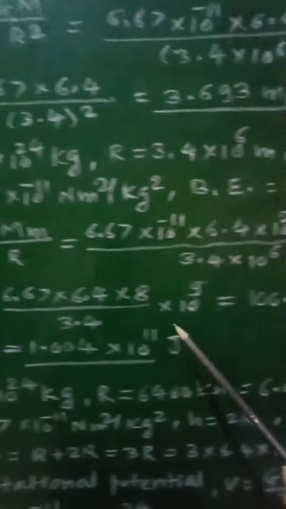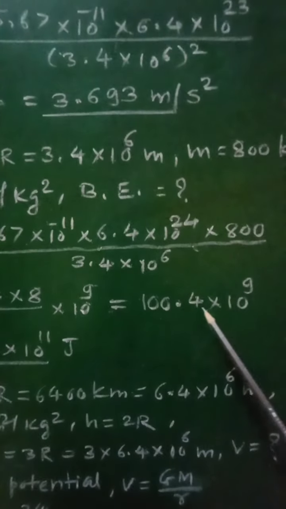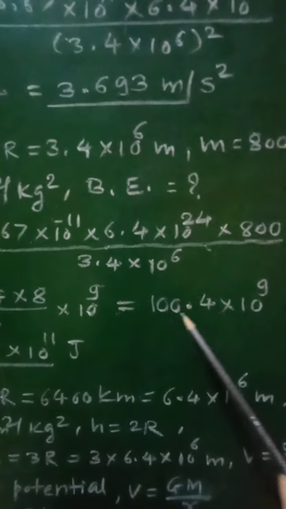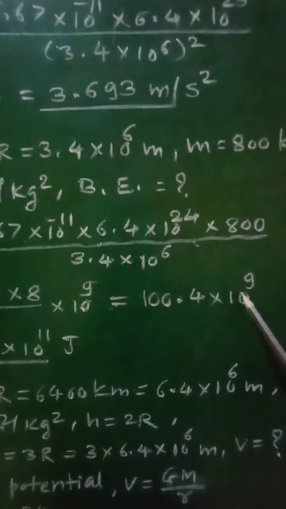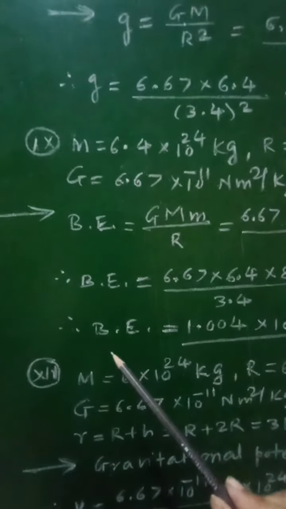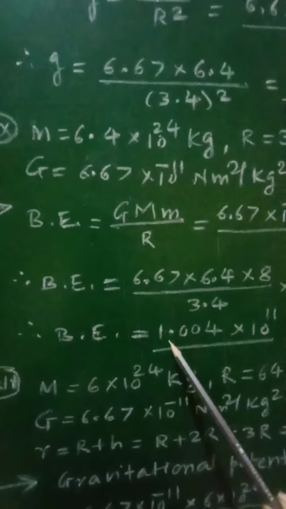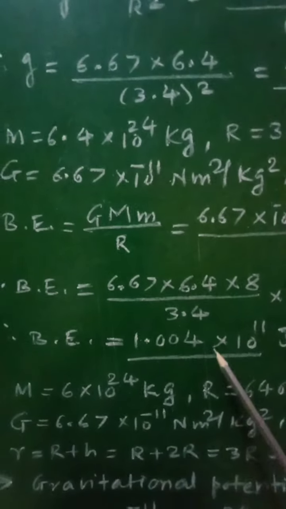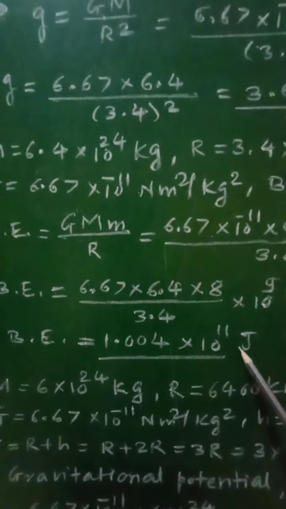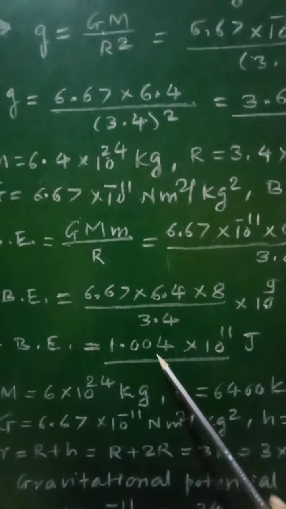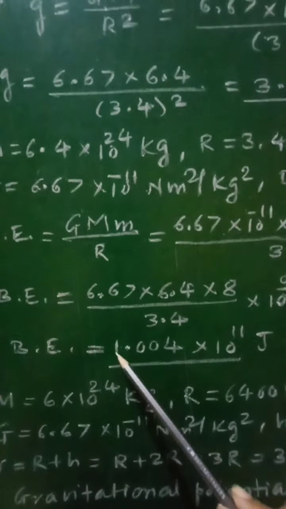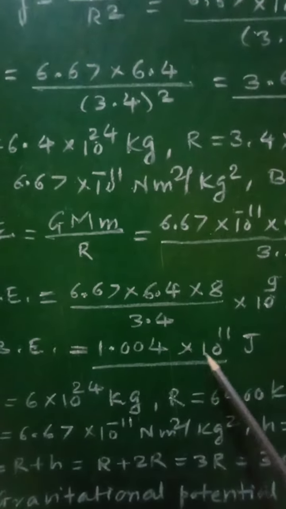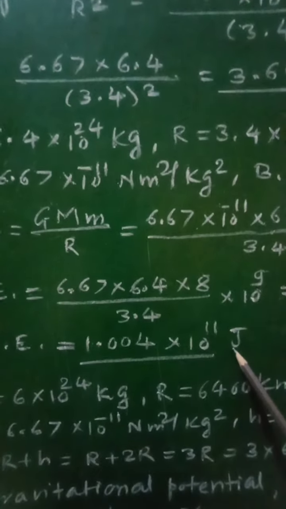Solving this, we will get 100.4 into 10 raised to 9, which will be written as binding energy equal to 1.004 into 10 raised to 11 joule. So this will be the required binding energy, that is 1.004 into 10 raised to 11 joule.